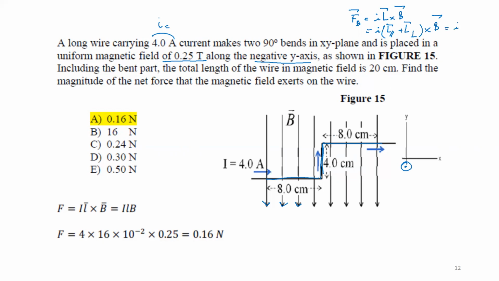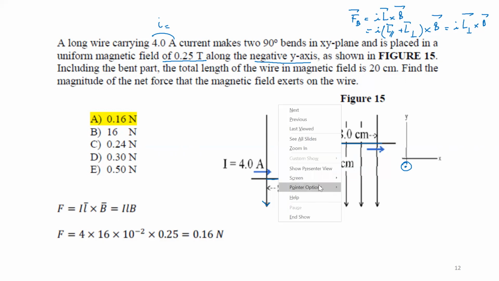So here this is just I L perpendicular cross B. So what is the L parallel to B? This is the L parallel to B. So here the magnetic force is 0. This 4 centimeters here, there is no magnetic force on it.